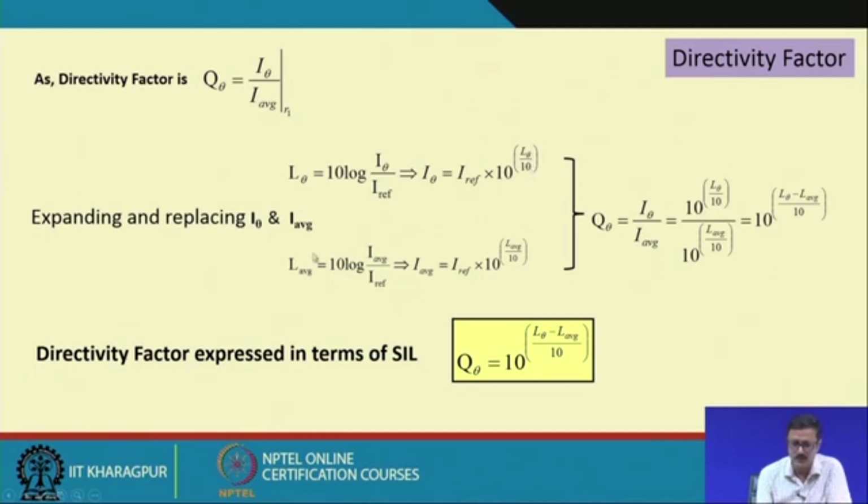So, if I use this I theta and I average, and replace this by this, the sound pressure level or the sound intensity level, I get this as a final result. So, in terms of the SIL, sound intensity level, Q theta can be rewritten as in this yellow box format: 10 to the power of L theta minus L average by 10.